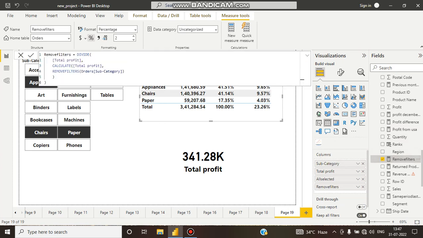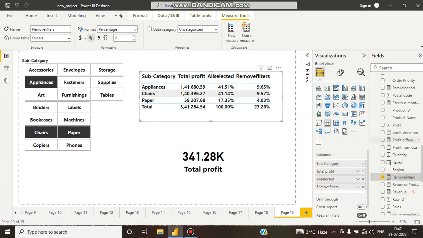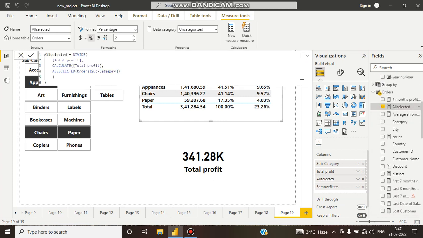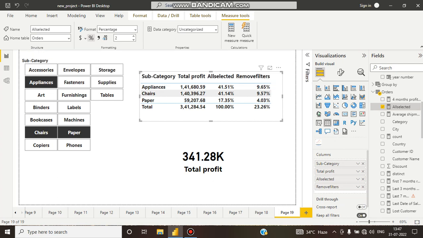Here you can see REMOVEFILTERS is removing the filters of subcategories. And ALLSELECTED is selecting the selected items and then creating the percentage. So this is the difference between ALLSELECTED and REMOVEFILTERS.